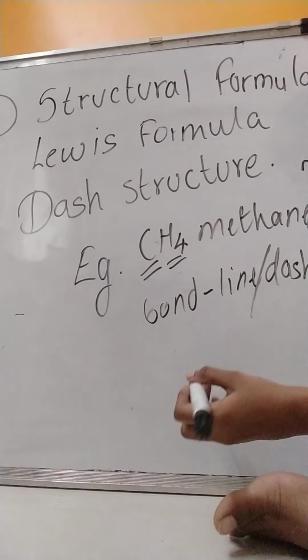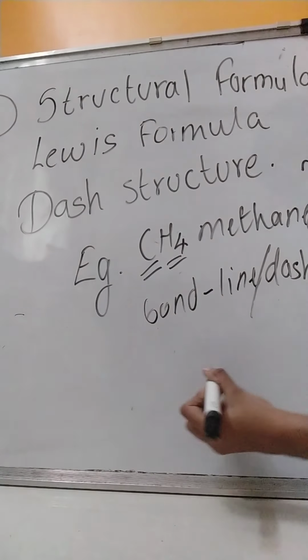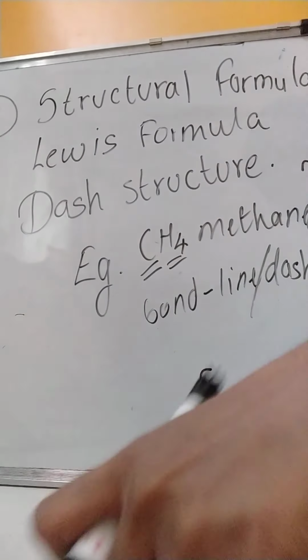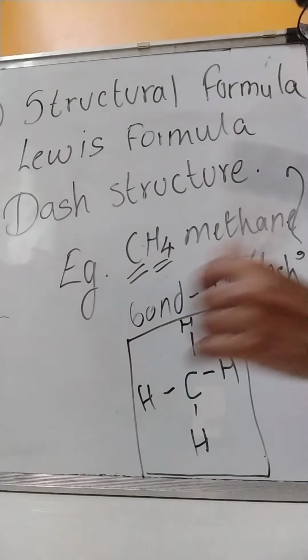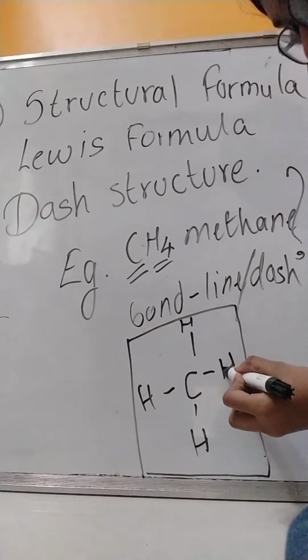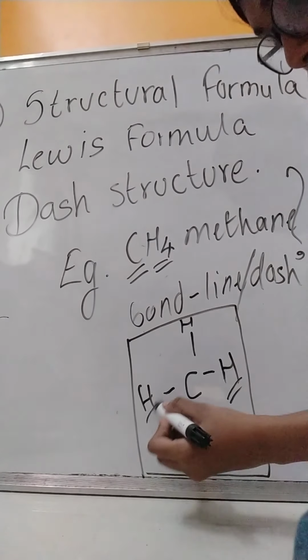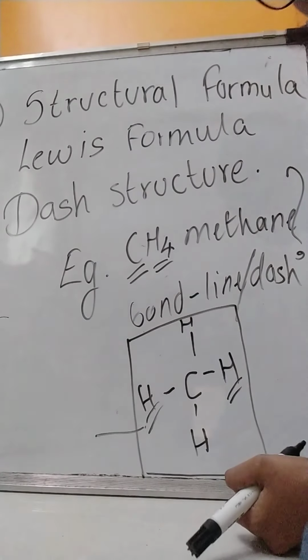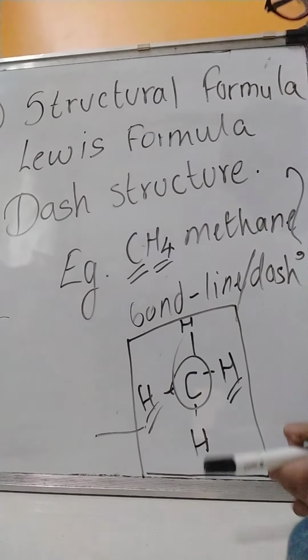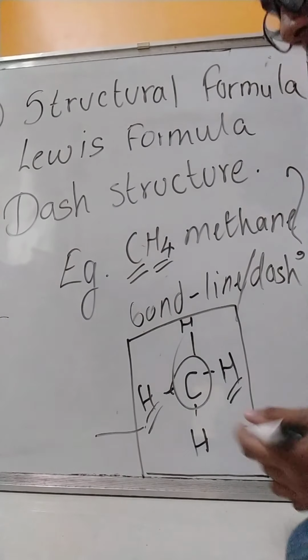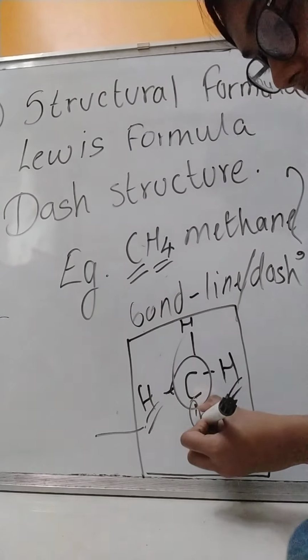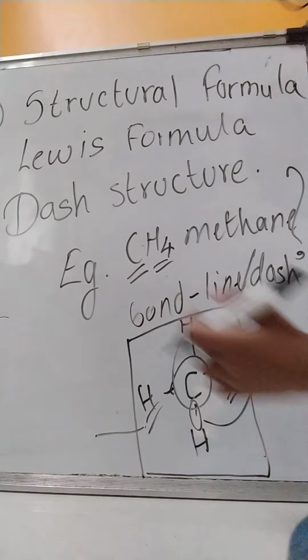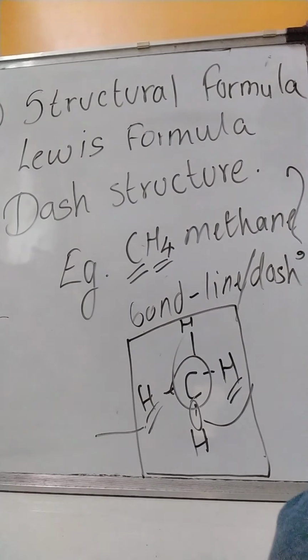So the H stands for hydrogen, the C in the middle stands for carbon, and the line or the dash represents the bond between them. Very simple.